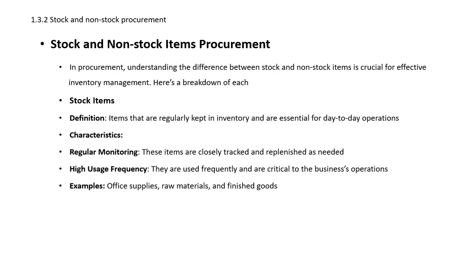Definition: items that are regularly kept in inventory and are essential for day-to-day operations. Characteristics: regular monitoring. These items are closely tracked and replenished as needed. High usage frequency. They are used frequently and are critical to the business's operations. Examples: office supplies, raw materials, and finished goods.